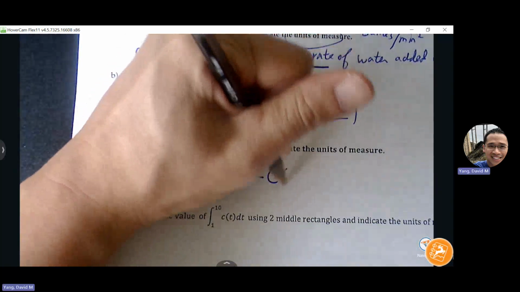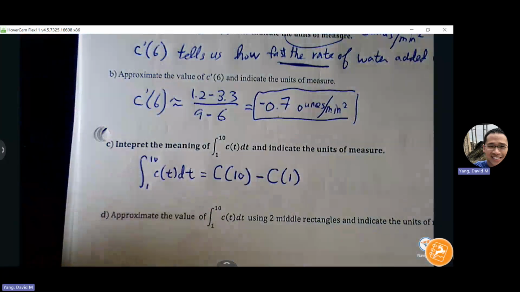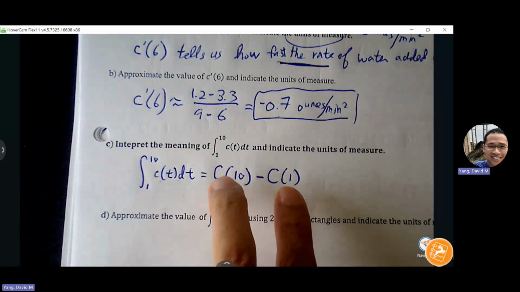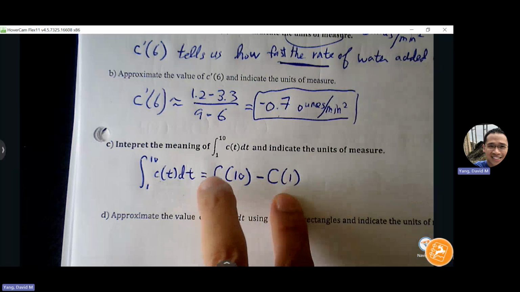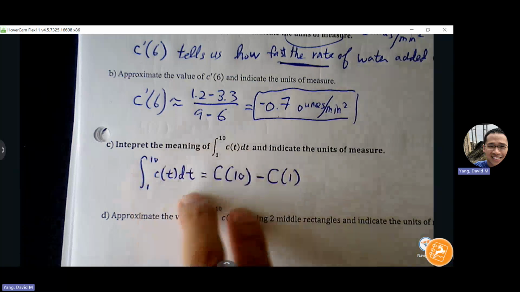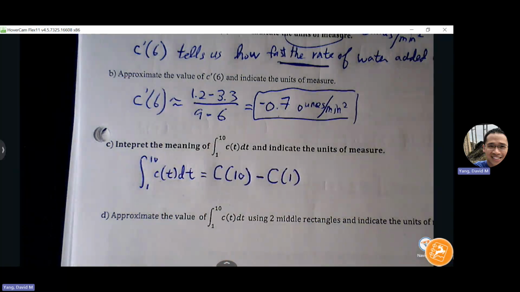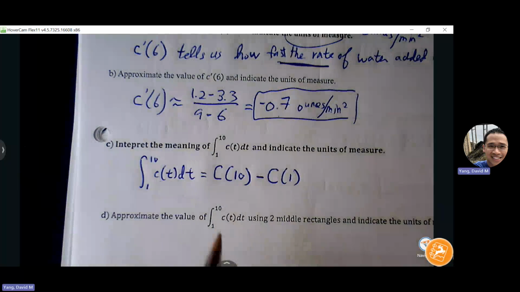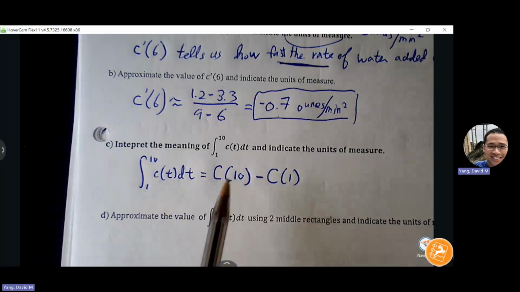Minus C of 1. So the integral from 1 to 10 is the change, or the amount of water added to the cup between the first and 10th minute. It doesn't mean the amount of water in the cup. It's the change in the amount. So if we start off with 5 ounces and end up with 15 ounces, then the amount added between the first and 10th minute is going to be 10 ounces.